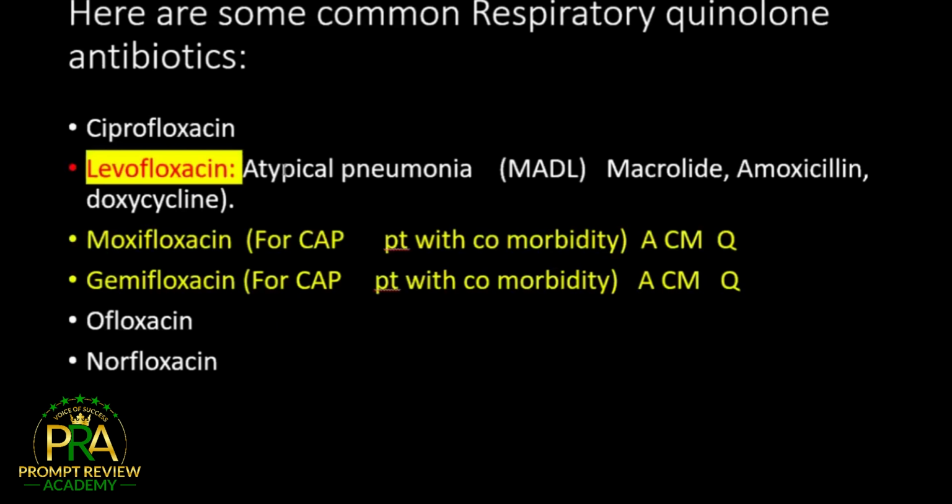So these are the antibiotics that we mentioned. Just a recap: for community acquired pneumonia, without comorbidity, you do MAD. With comorbidity, you are going to do ACMQ. A is your augmentin, C is your cephalosporin, M is macrolide, and Q is your quinolones.